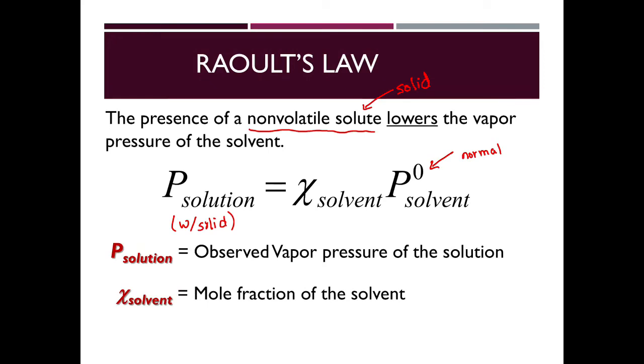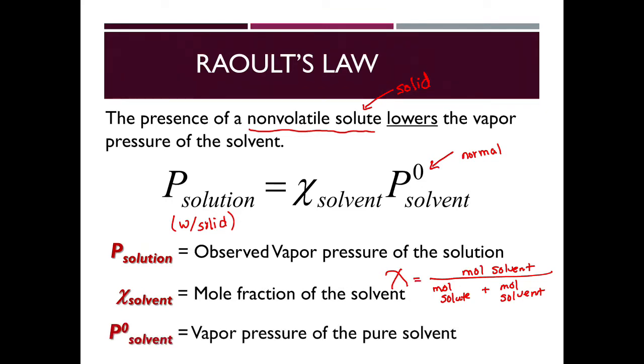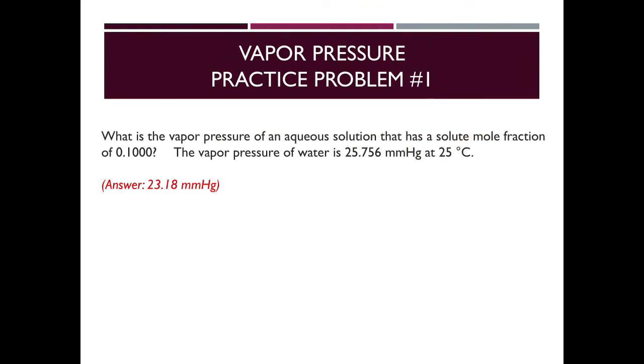Chi solvent will be the mole fraction of the solvent, which means you put your moles of solvent over moles of solute plus moles of solvent. That would be our mole fraction of our solvent. And P naught would be the vapor pressure of the pure solvent, whatever the vapor pressure of it normally is. That's something you can look up.